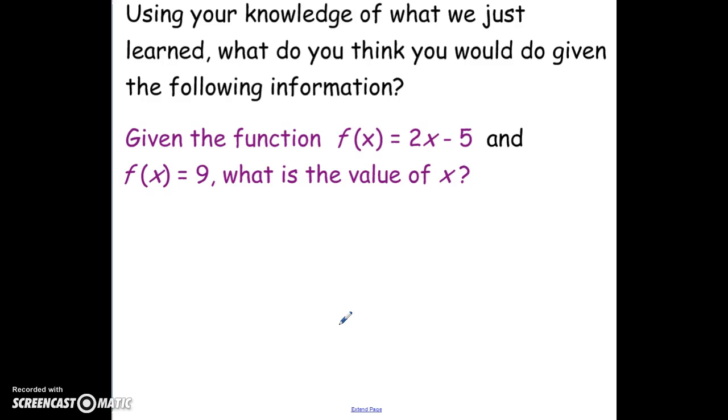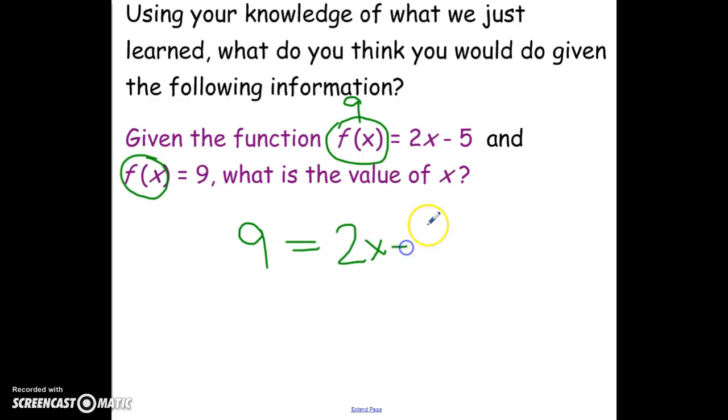So now we're just kind of going to go backwards. Using your knowledge of what we just learned, what do you think you would do given the following information? So given my function, if f of x is 9, what is the value of x? So I'm saying that this equals 9. So the output is 9, 2x minus 5.